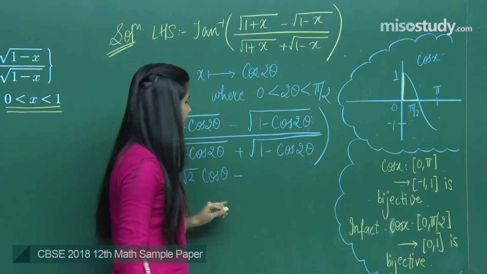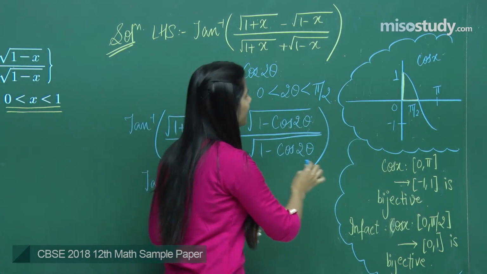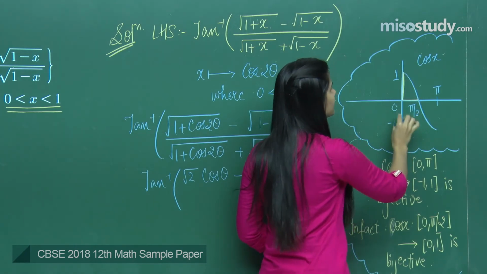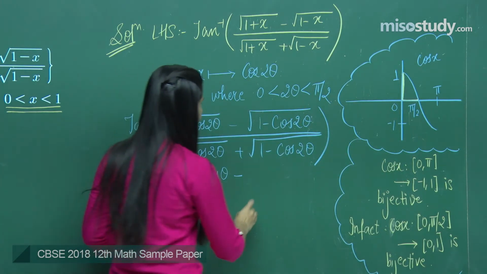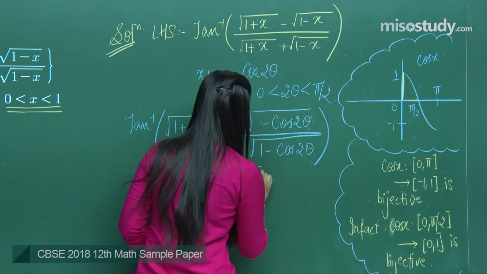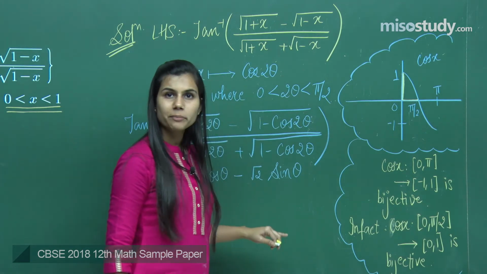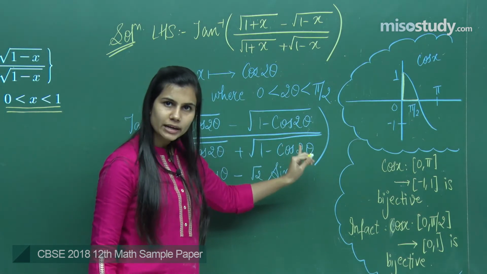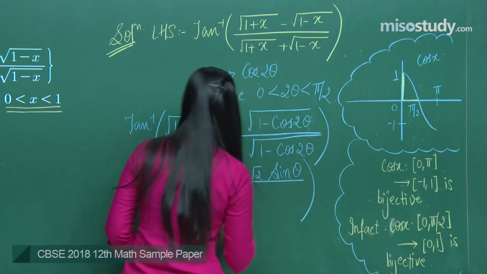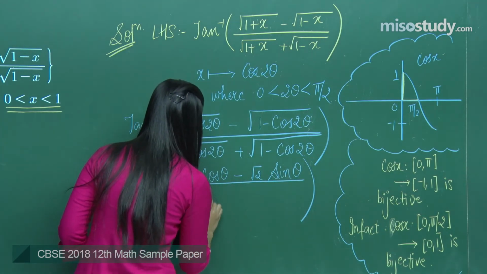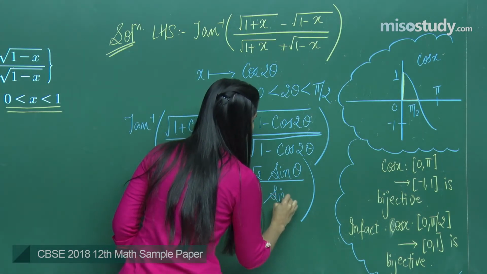Is that correct? Because the angle is coming from 0 to pi by 2, cos is positive, so the root will give you a positive answer, minus under root 2 sine theta, because 1 minus cos 2 theta is 2 sine squared theta. So this is going to become root 2 cos theta minus root 2 sine theta, whole upon root 2 cos theta plus root 2 sine theta.